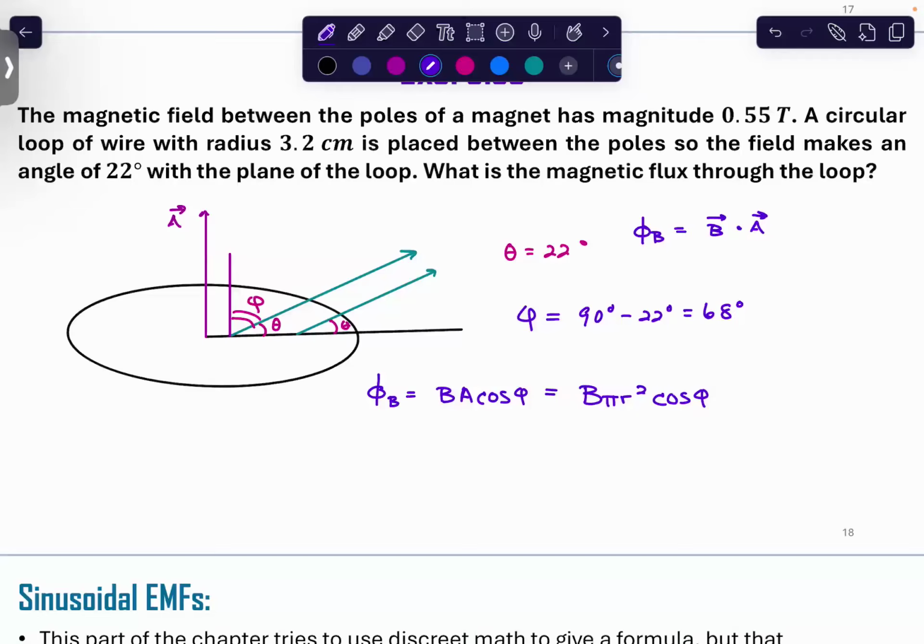Okay, so the flux is going to be 0.55 Tesla times pi, your radius is 0.032 meters squared, times cosine of 68 degrees, and you end up with 6.6 times 10 to the negative fourth Webers.